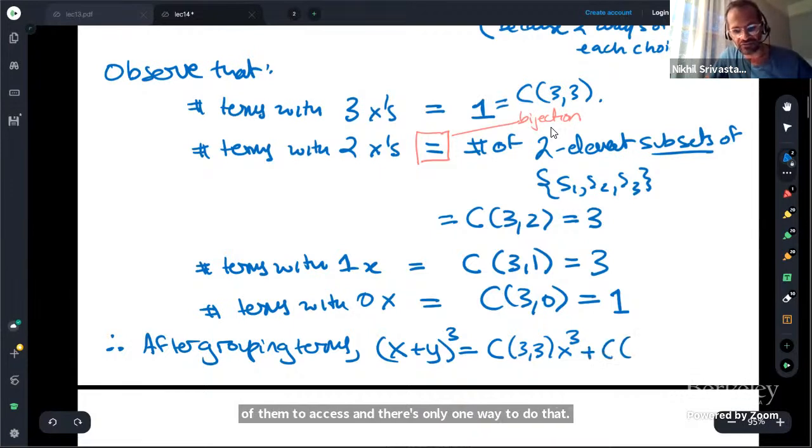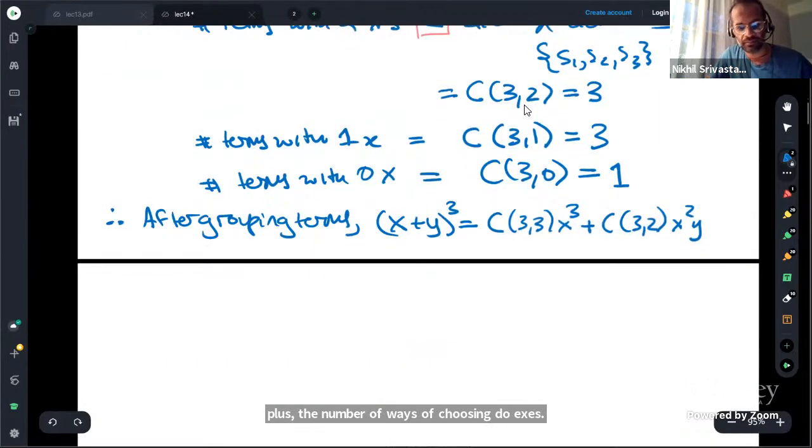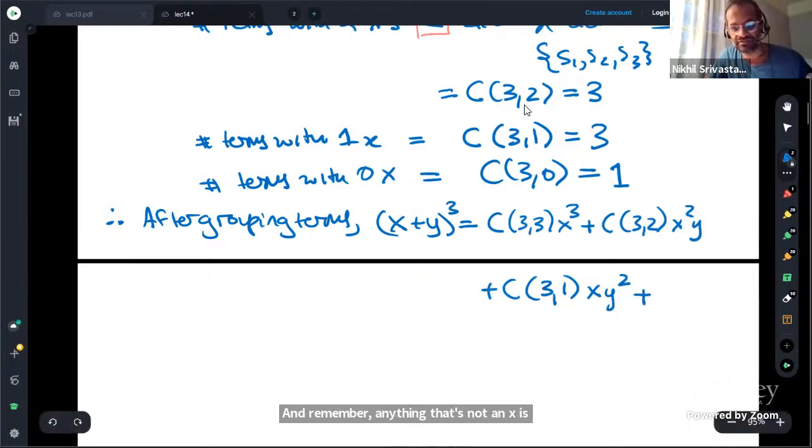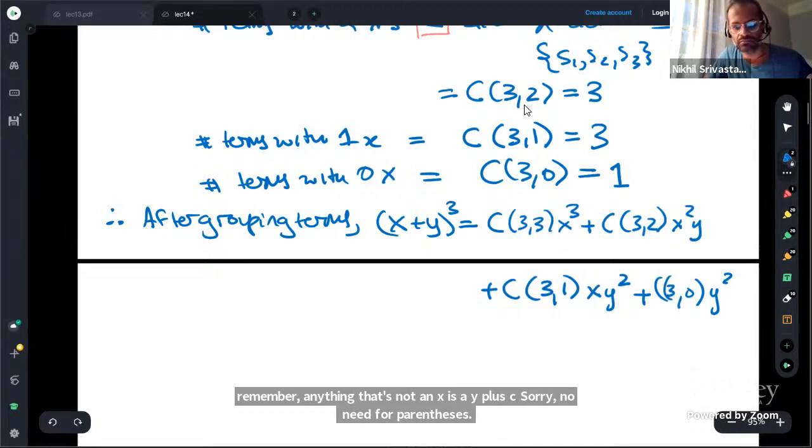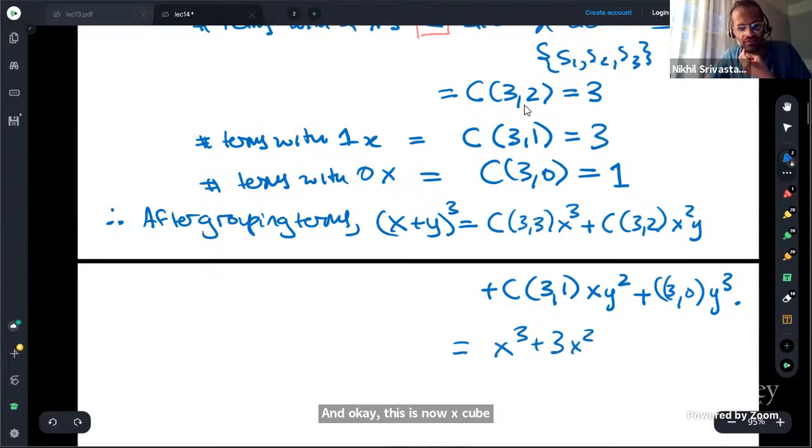Plus the number of ways of choosing 2 x's, plus the number of ways of choosing 1 x. And remember, anything that's not an x is a y. Plus, sorry, no need for parentheses. And this is now x cubed plus 3x squared y plus 3xy squared plus y cubed.